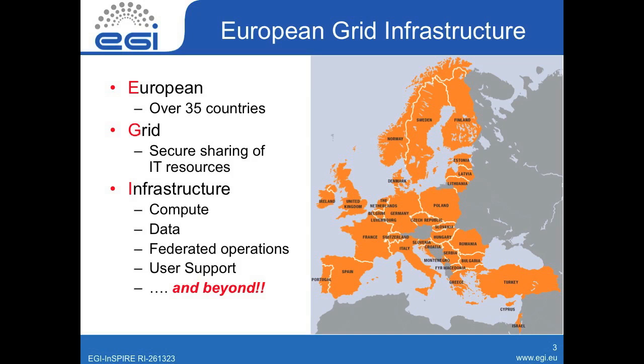That means central activities, central services that are needed to federate the different resource centers, and also distributed operation activities that are carried out by the different countries, the different National Grid Initiatives, that are basically roughly one per country of these 35 countries in this map.